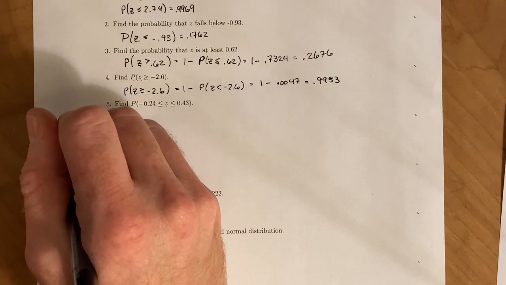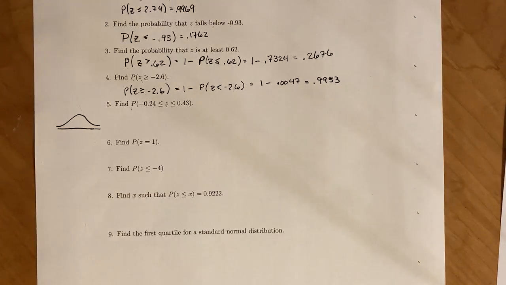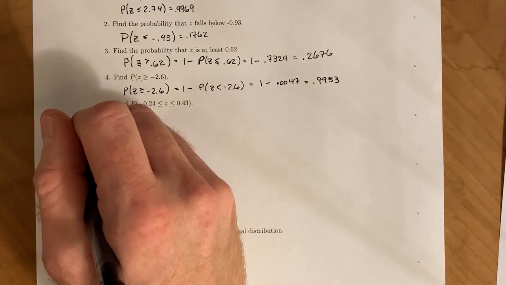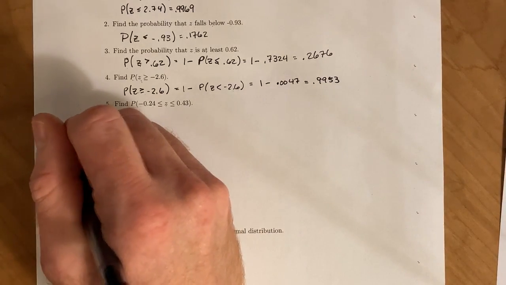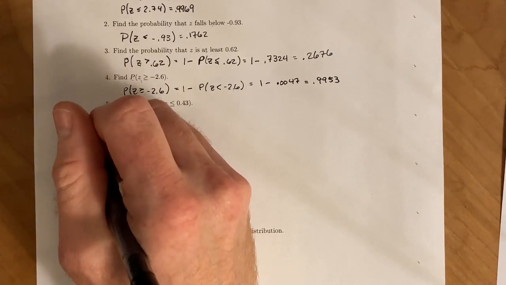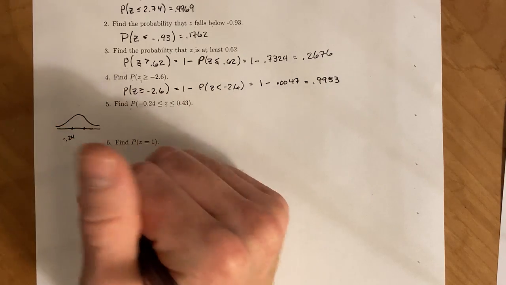And if we were to draw a little bell curve to make sense of what we're being asked to find the area of, we have negative 0.24, which is going to be, let's say, over this side. And then we have 0.43, which will be over here. Because remember, right in the middle is mu, which is 0.